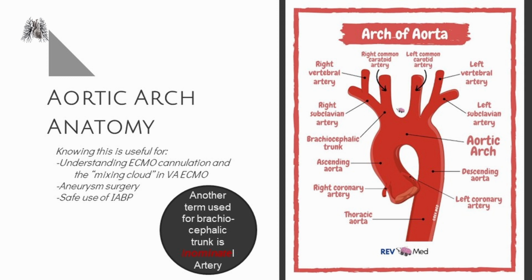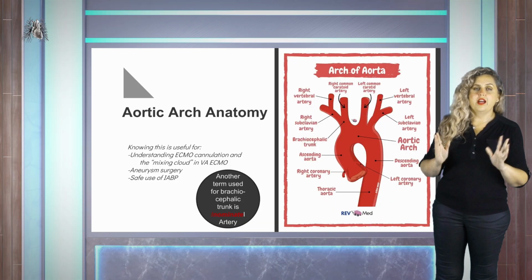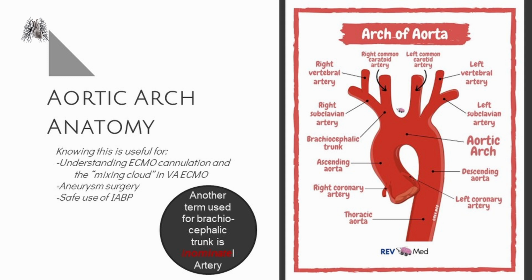This has also got another name which is more common in the medical world, and that is the innominate. So if you hear innominate artery, it's the same as the brachiocephalic. That first brachiocephalic splits into 2, and that splits into your right subclavian and your right carotid. So your right arm and the right side of your brain. It's all supplied by this artery called the brachiocephalic.